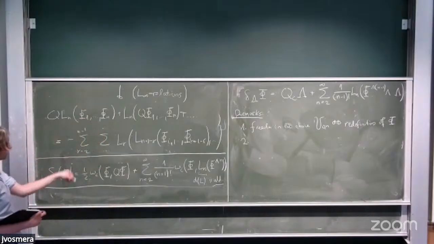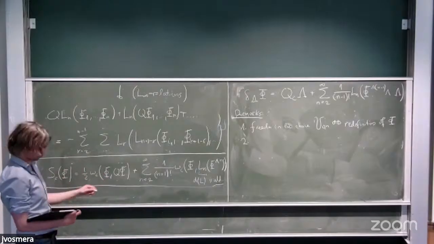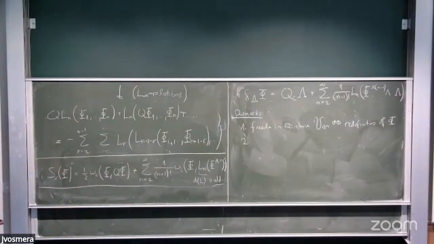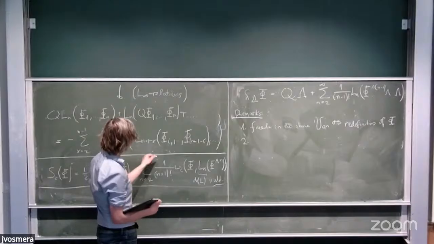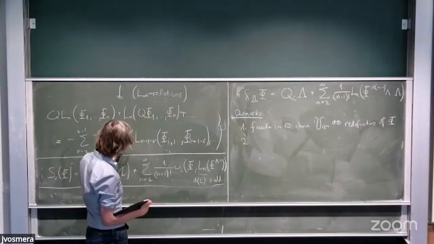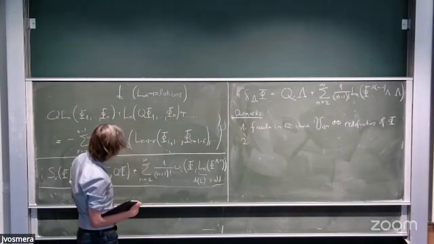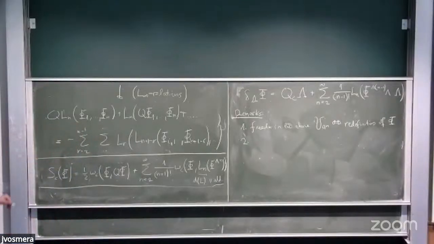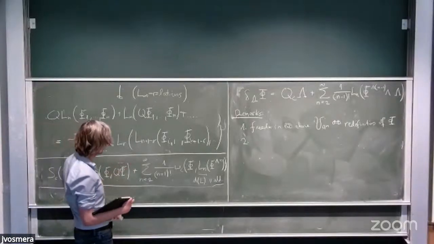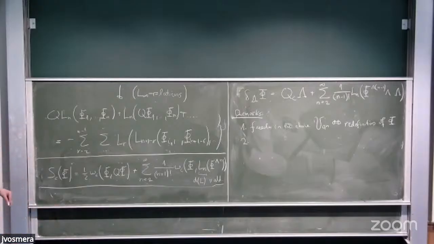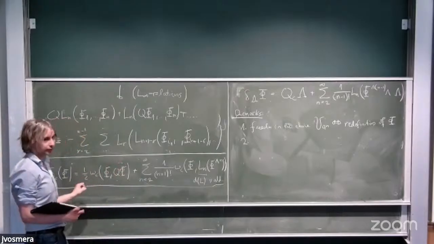So I was omitting these factors of g string just to reduce clutter. But they will be there, and in particular, those interactions can then be formally set to zero by setting g string to zero, because these powers of g string will be positive, right? So that nicely corresponds with the intuition that as soon as we set g string to zero, we should reduce back to the free theory.